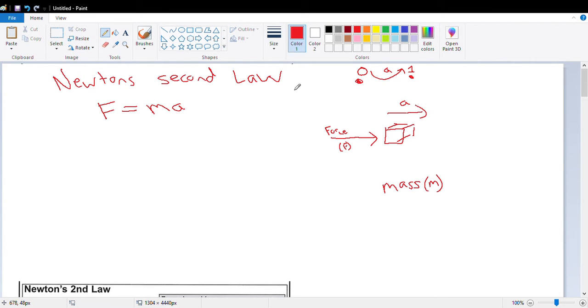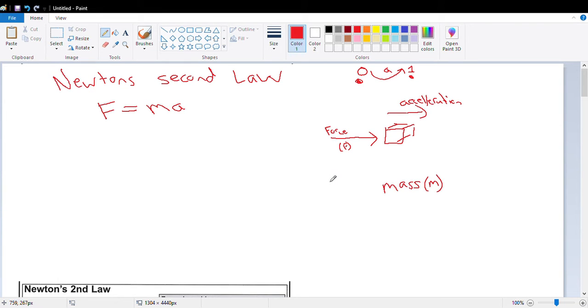That's where this A comes into it, the acceleration. We're going to apply some logic behind this equation and then relate it to the mathematics and doing the calculations behind it.